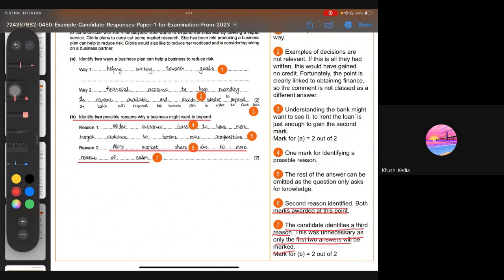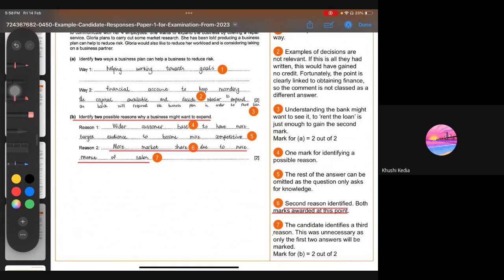What does this mean? It means the examiner won't read it. He might read it, but he will not consider it. It's that simple. Because he wanted to give an example of a candidate response here, he had to read it because he had to mark a point here.